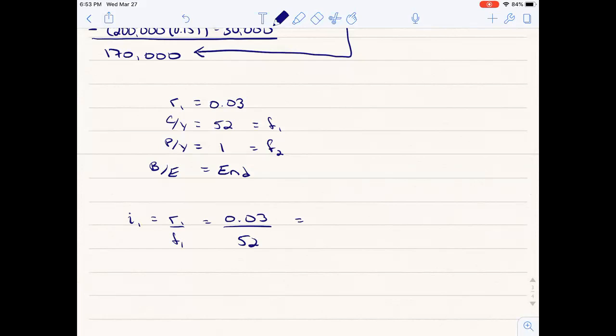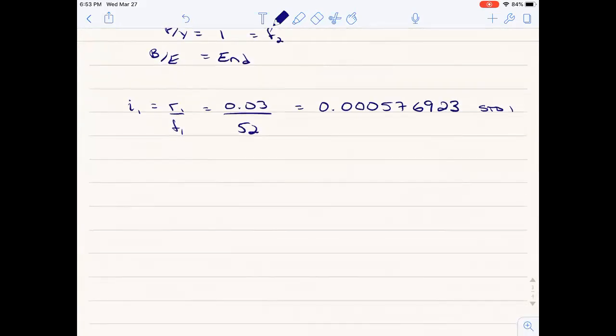.03 divided by 52 is 0.01230057693. I'll temporarily just store this in 1. Then I can calculate I2, which is 1 plus I1 to the power of F1 over F2 minus 1.